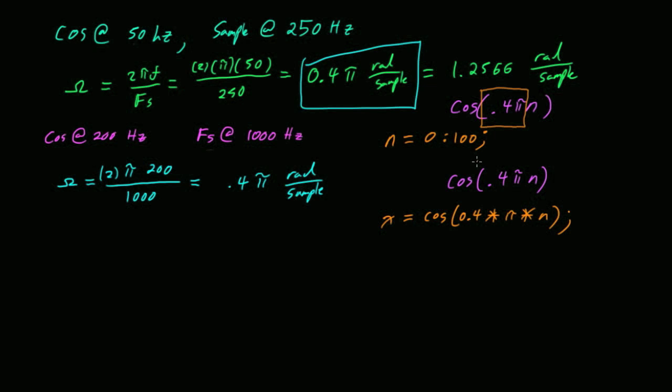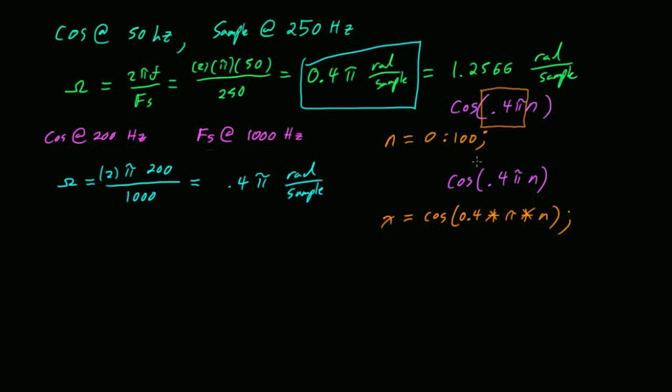Yeah. If you don't have that, you can't make any assumption about the sampling frequency. Unless I give you the sampling frequency, you have no idea what was actually going on. I could have taken a megahertz signal, sampled it, and gotten 0.4 pi radians per sample. You cannot differentiate. That's why, when we take the Fourier transform, unless you supply the sampling frequency, the best it can do is tell you 0.4 pi radians per sample.